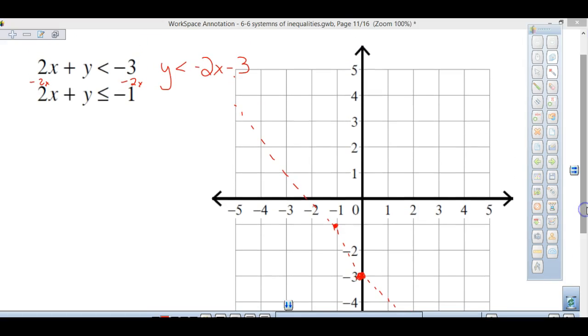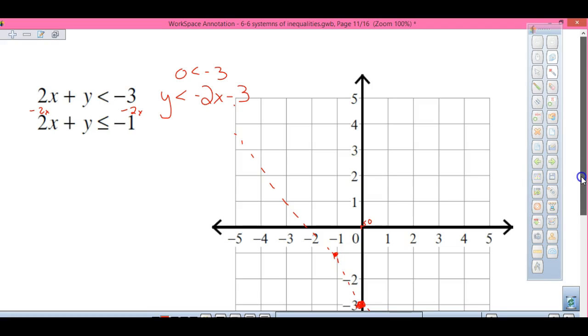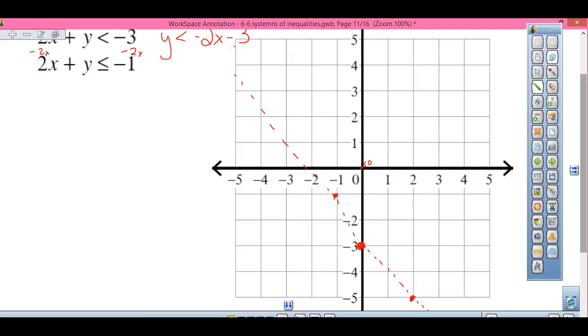Okay, what am I checking? 0, 0. So is 0 less than negative 3? Nope. So we don't want it shaded right there, right? So that means I've got to go this direction.